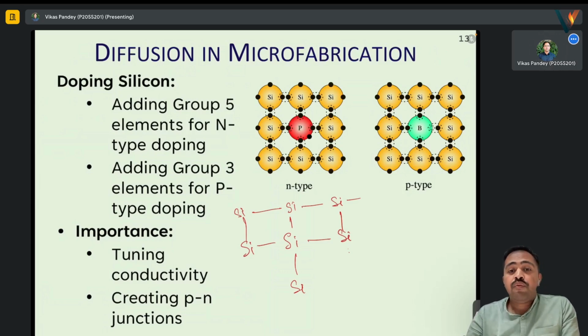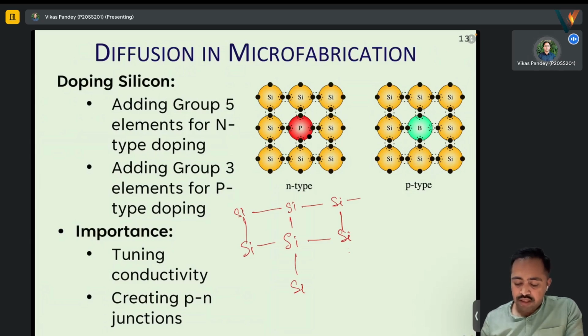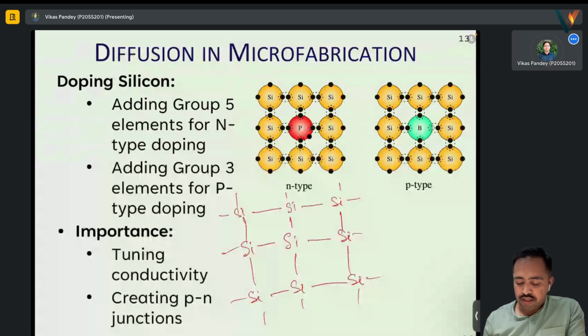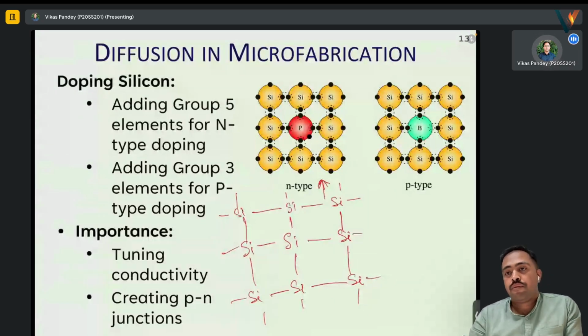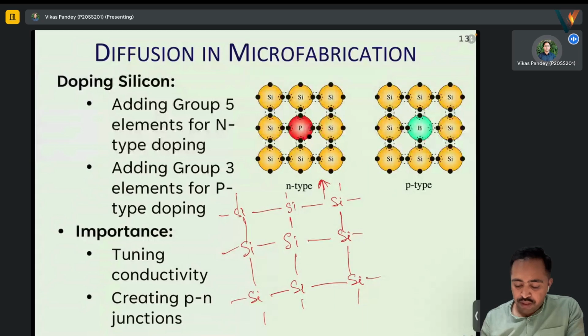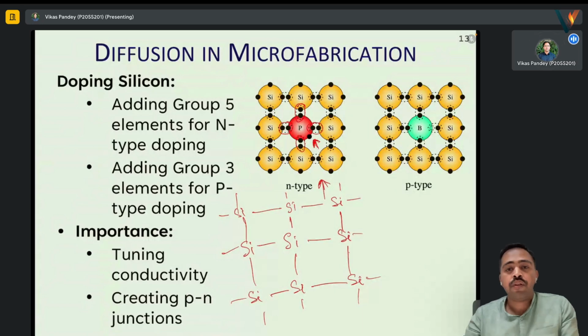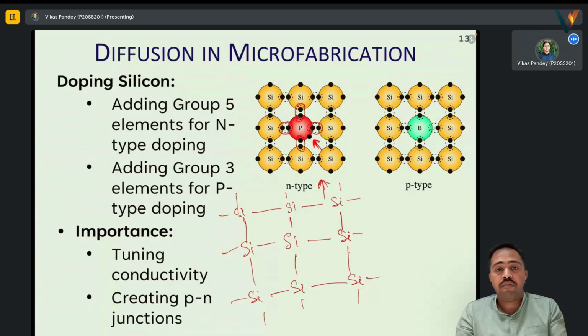But if we introduce some defects to it, like if we put boron or phosphorus, let's start with phosphorus. Like you see in this case, phosphorus has 5 valence electrons. So it is bonding here, here, here, but one extra electron is now available for conductivity.